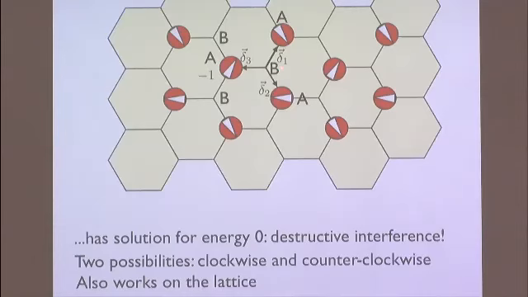Now, if you pick any particular B site, which would correspond to what we called the central lattice site a moment ago, and you add up these vectors, again, you will get 0. You can check that this is the case for any B site. And again, there will be two possibilities, because I can have this kind of clockwise arrangement or a counterclockwise arrangement.